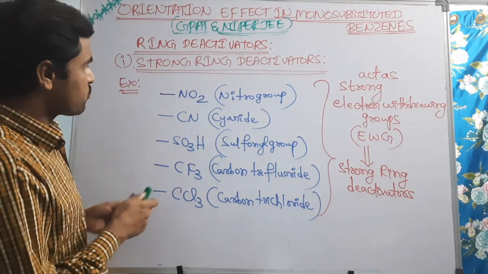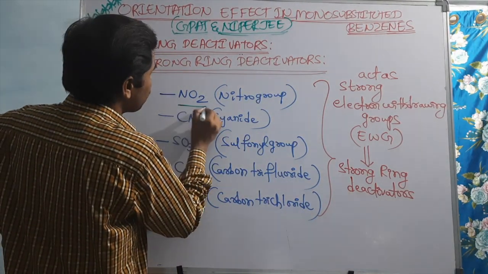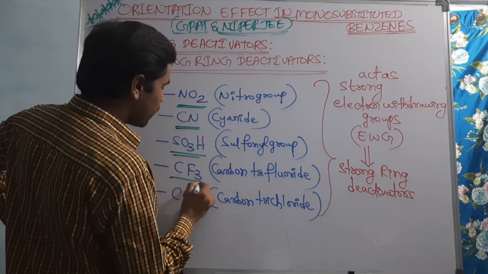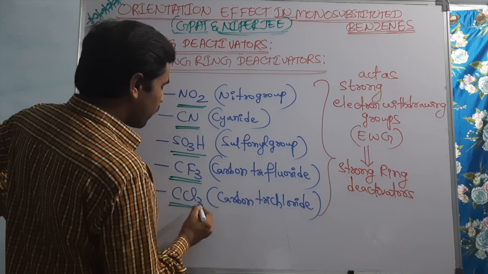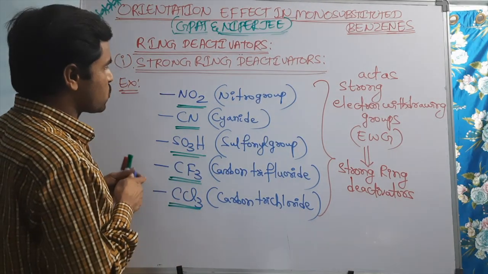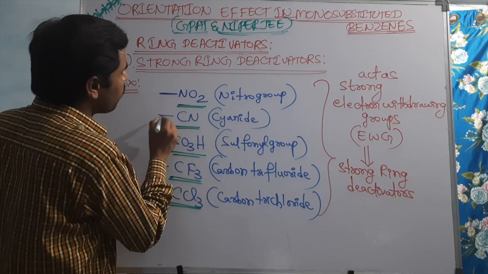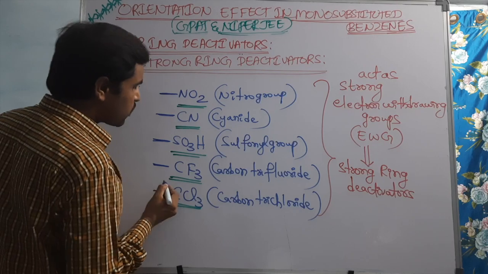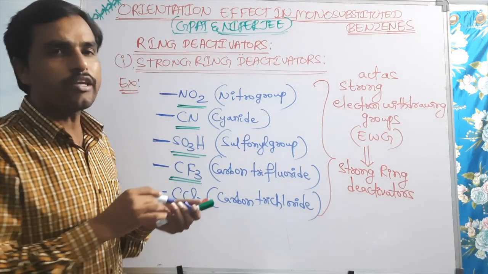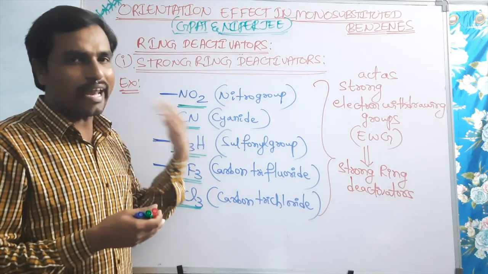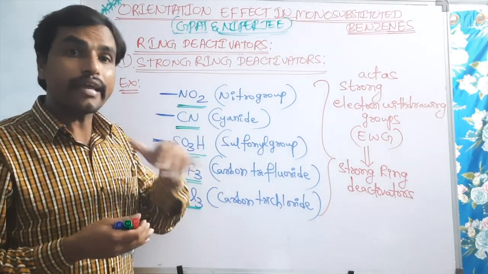Now, the nitro group is there, the cyanide group is there, SO3H is there, and carbon trifluoride and carbon trichloride. This indicates the point of attachment. If these compounds are attached to the benzene ring, then they act as ring deactivators.